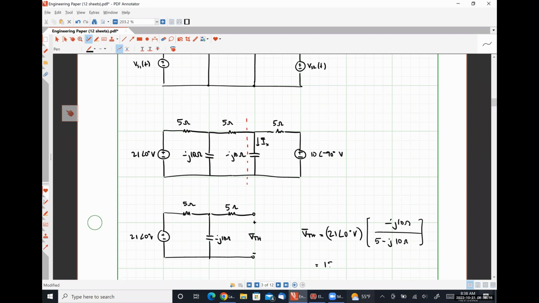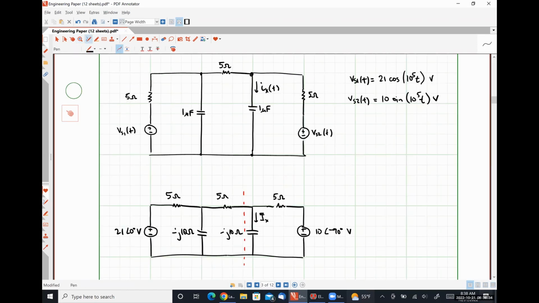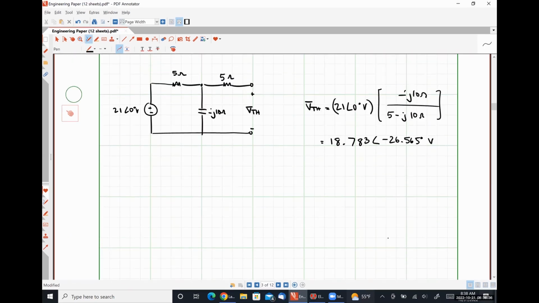So I get 18.783 angle negative 26.565. Anybody have any problem with that level of analysis? Fairly straightforward, right?